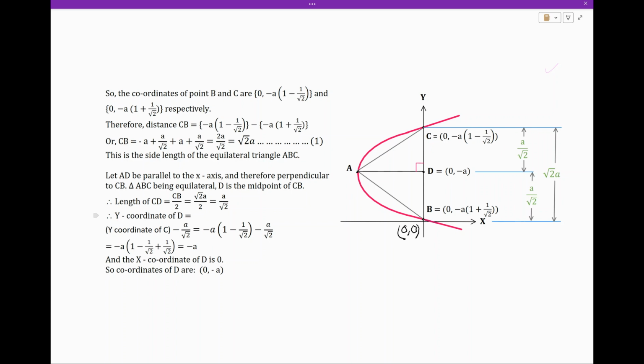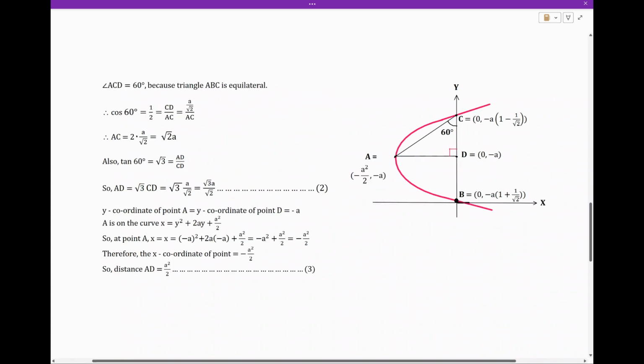So you get the y-coordinate of D is equal to the y-coordinate of C minus a by square root 2, which is the length of CD, and that is equal to minus a multiplied by (1 minus 1 by square root of 2) minus a by square root of 2. And if we simplify that, that becomes minus a. Therefore, the coordinates of D are 0 and minus a.